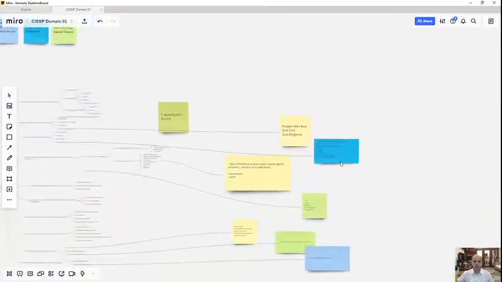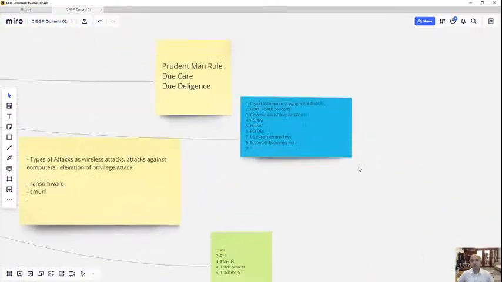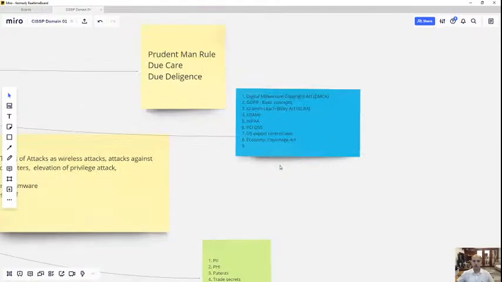Like for the DMCA, what exactly the outcome is once we implement it somewhere, what exactly the GDPR is, the basic concept of the same and the impact when we implement GDPR, what exactly the Gramm-Leach-Bliley Act, GLBA, FISMA, HIPAA, PCI DSS, and US export control laws are. For example, for encryption, the US export control law prohibits selling cryptographic encryption techniques to certain countries.